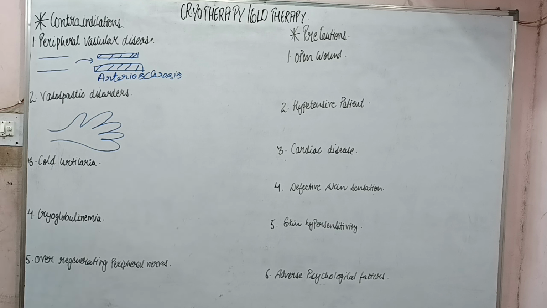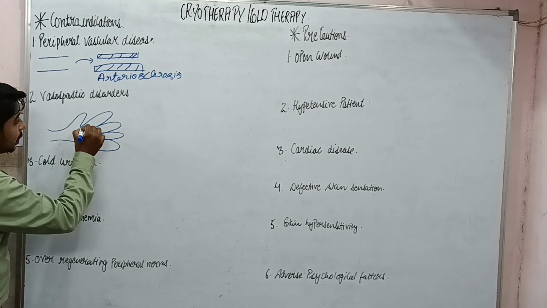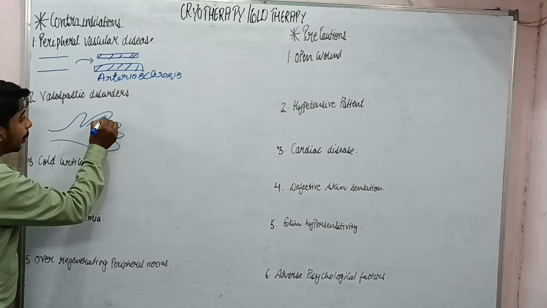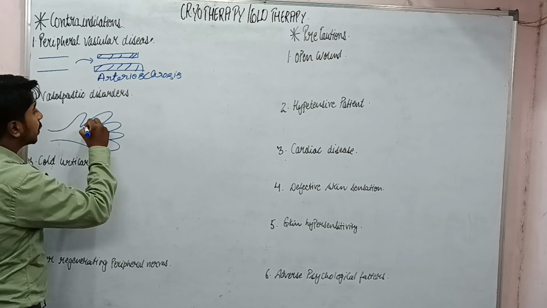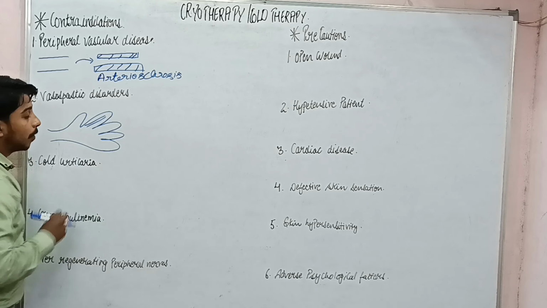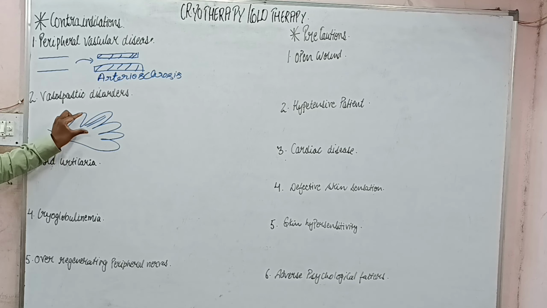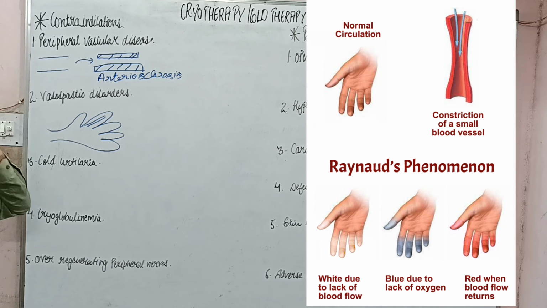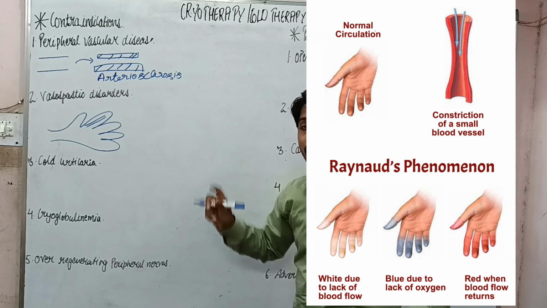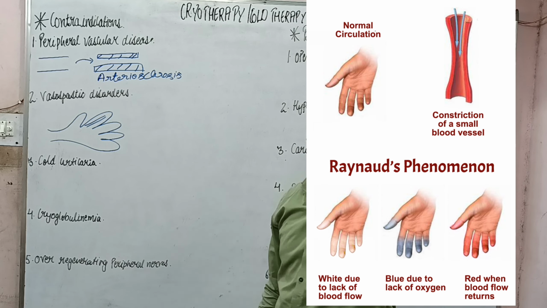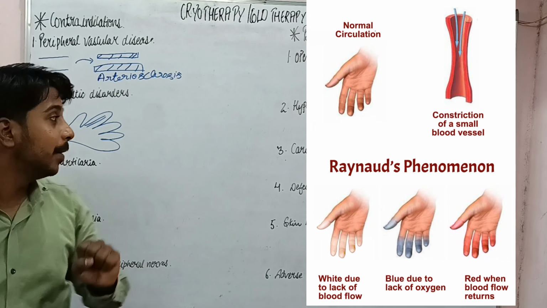So this is the normal blood vessel here, which is supplying. So if there occurs a vasospasm, that is, the minute vessels of the hand become spasmodic, the lumen will be reduced.